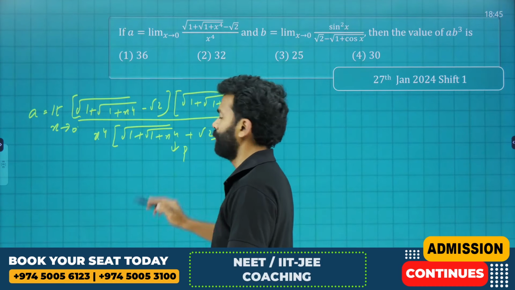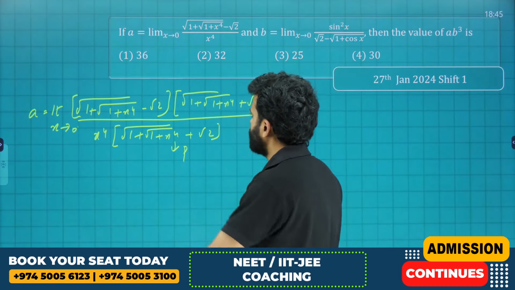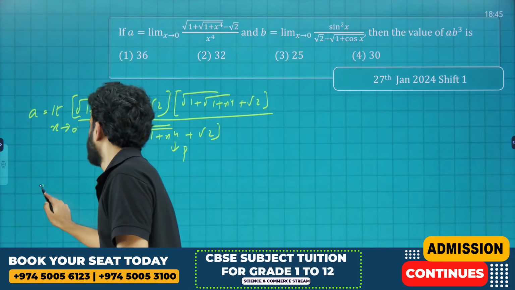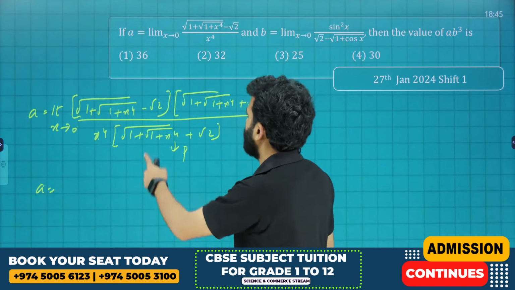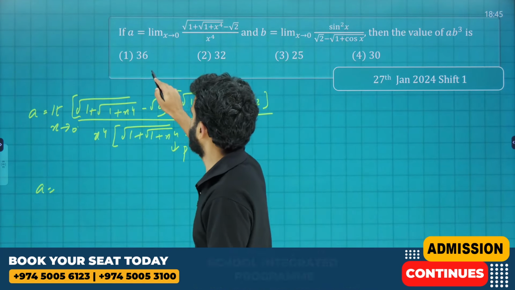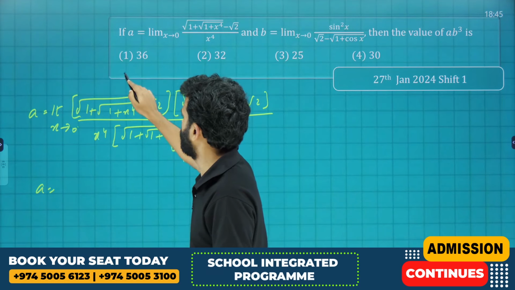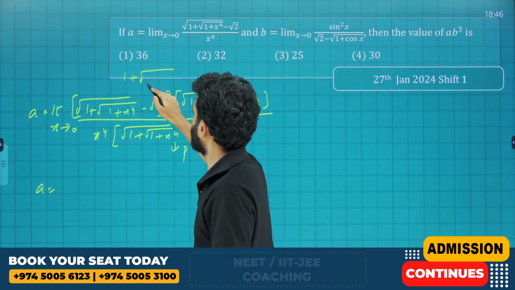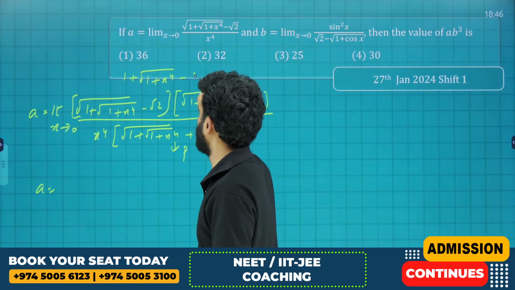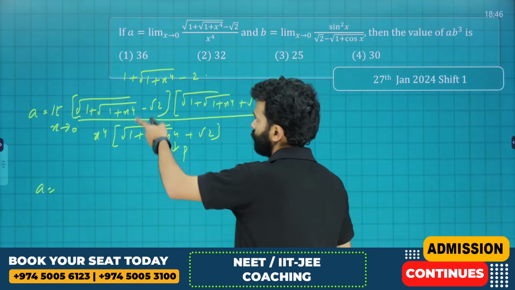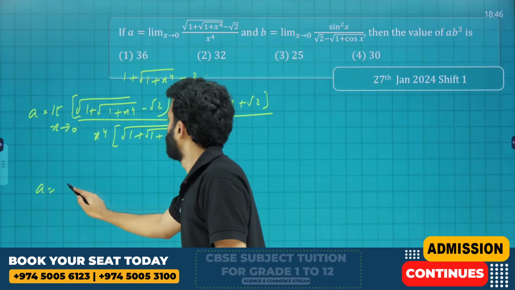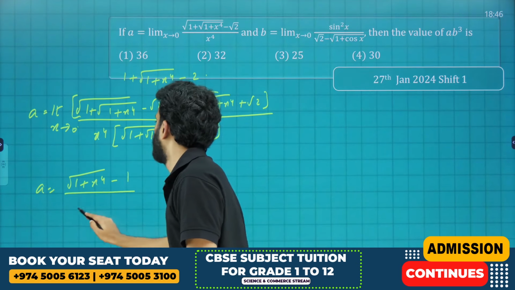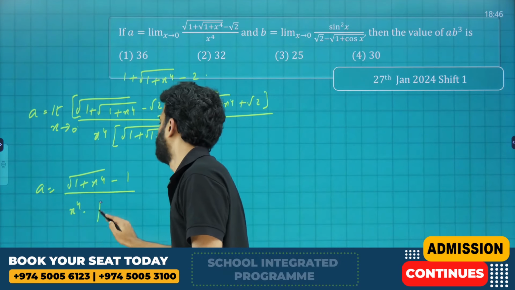This factor I am going to write as P. See, this is (a plus b) into (a minus b), that is why we are rationalizing using this technique. After eliminating the root, the numerator becomes 1 plus root of 1 plus x raised to 4 minus 2, since root 2 whole squared is 2, and this is root of 1 plus x raised to 4 minus 1, divided by x raised to 4 into P.